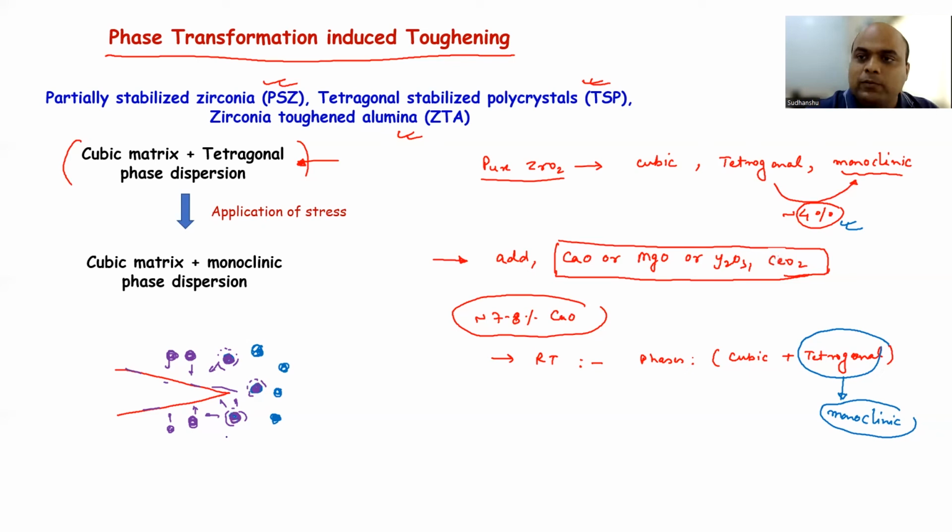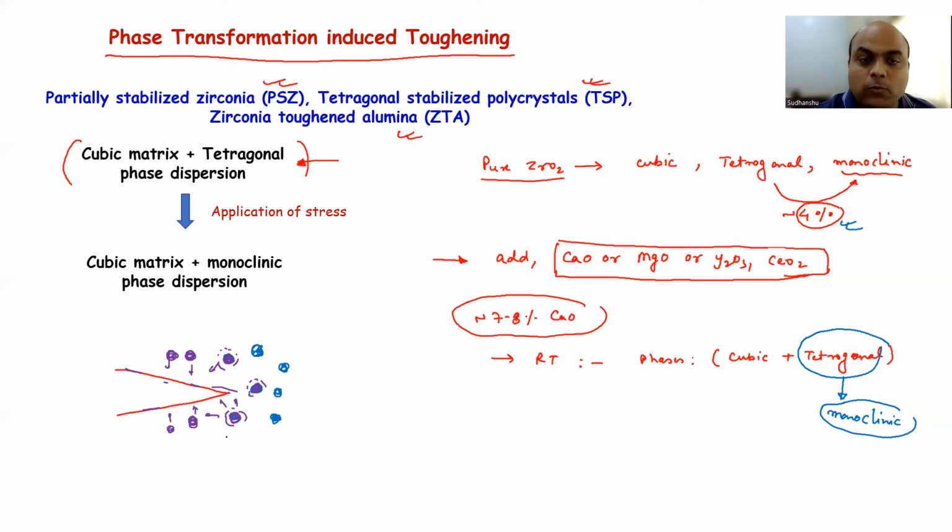So it depends upon what the phases, composition and the fraction of phases are at room temperature, right? So if you have cubic plus tetragonal, then you are going to observe this kind of phenomenon there, right? Tetragonal stabilized polycrystals have approximately 100% tetragonal phase.